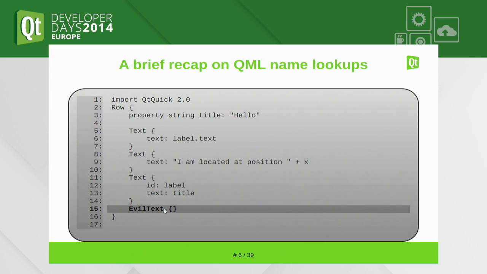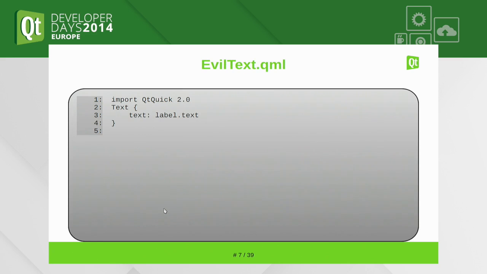Which is when we look at what evil text is, it's stored in a separate file. This shall be evil text, and in here this is also a text element. But we can say actually label.text here, and this may seem a bit odd. You might ask yourselves, where is this label coming from? And if you use evil text as a component somewhere else in your application, it's probably not going to work unless the QML component that instantiates this evil text has an object named label.